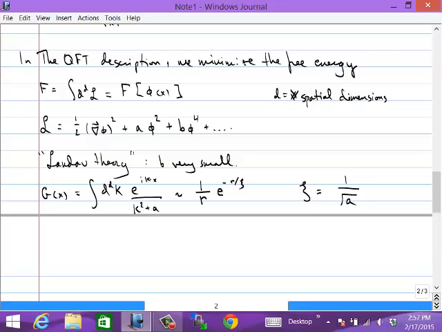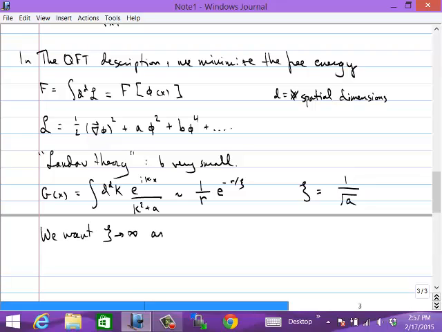Okay. And we then want to use this to make some sort of prediction for our critical exponent nu. Remember, nu is the critical exponent that told us how the correlation length diverged as we approached a critical point. So in order to understand that, we need to think a little bit more clearly about exactly how this phase transition is being described in the quantum field theory language. So in particular, we want to study a phase transition where the correlation length diverges as t goes to 0.